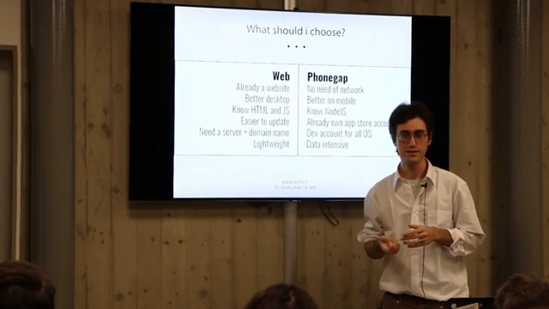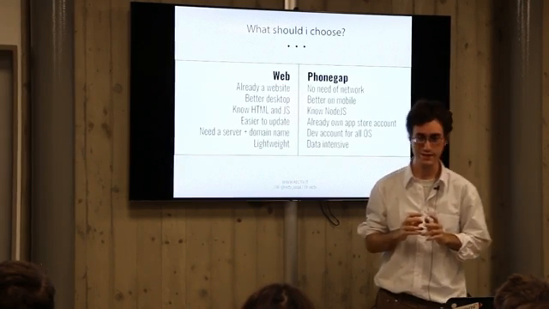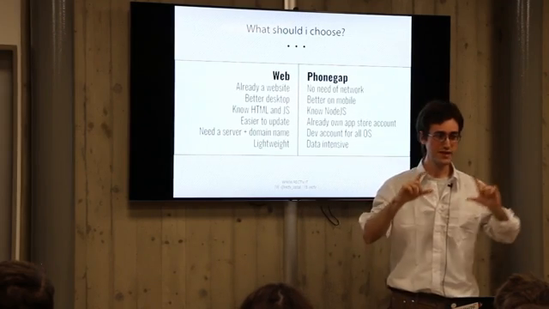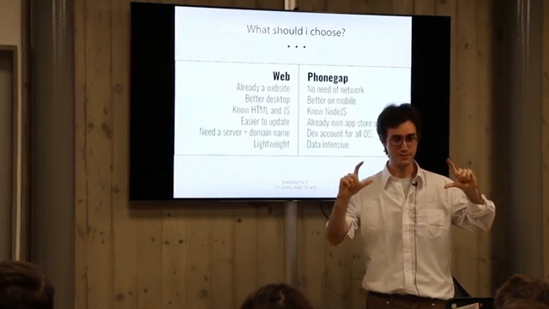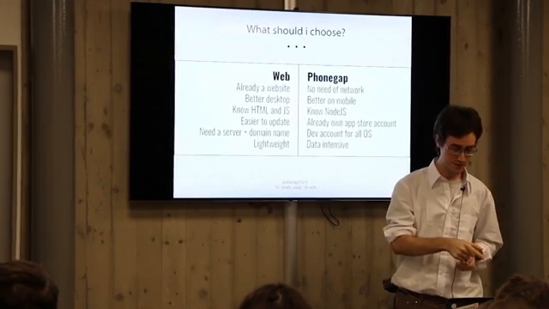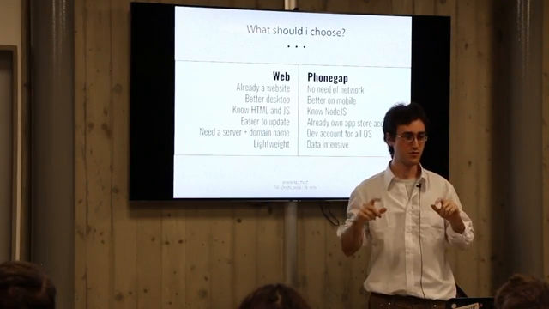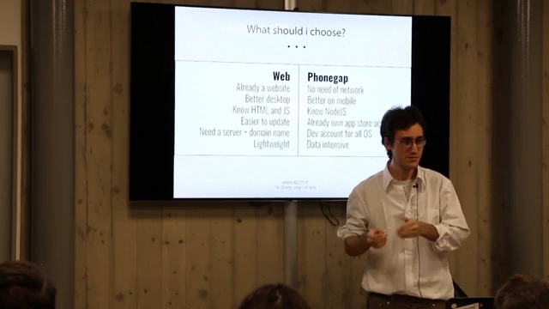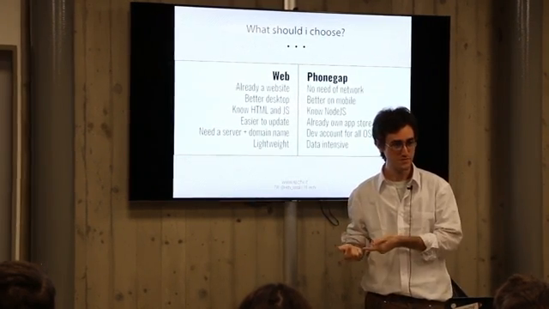So, just as an example, if you need to take a photo with JavaScript on a web app, you ask the browser to open the webcam, you snap a photo into an image tag, and you have the photo.